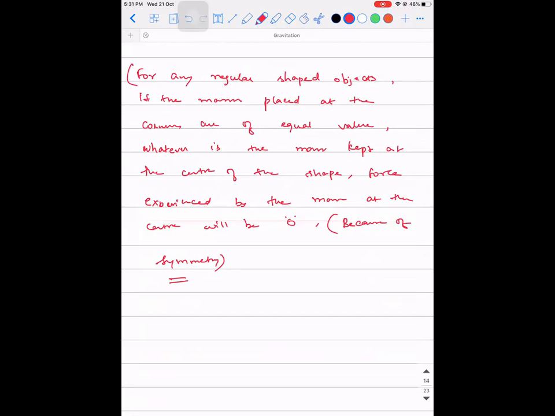So, we'll go to the next part of this chapter, that is acceleration due to gravity, right? So the heading is acceleration due to gravity.